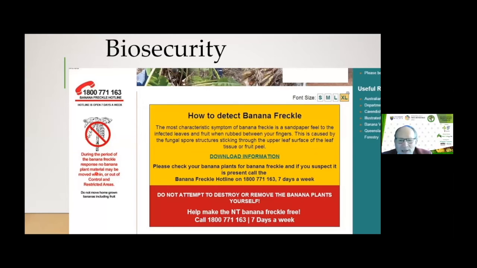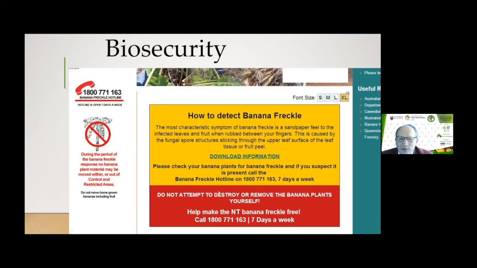And here, for example, is some information from one of the strongest countries in biosecurity, whether that's human diseases like COVID or plant diseases. Maybe they're basing their human rules on what they know about plant biosecurity. And here's a very strong message that the Australians give about the introduction of banana freckle.